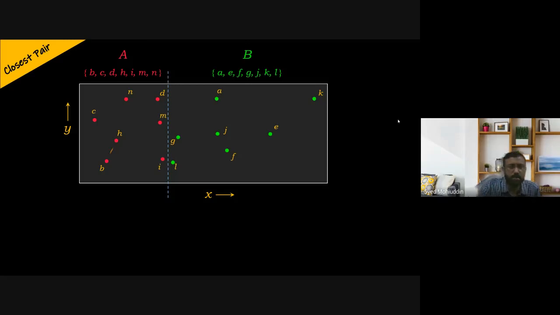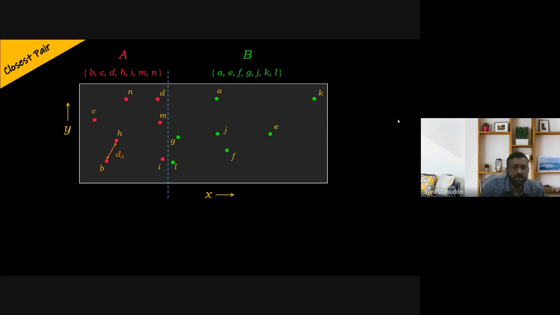Now assume that in partition A, the points B and H have the minimum distance. Recursively, we applied this closest pair approach, dividing partition A again into halves, again and again.